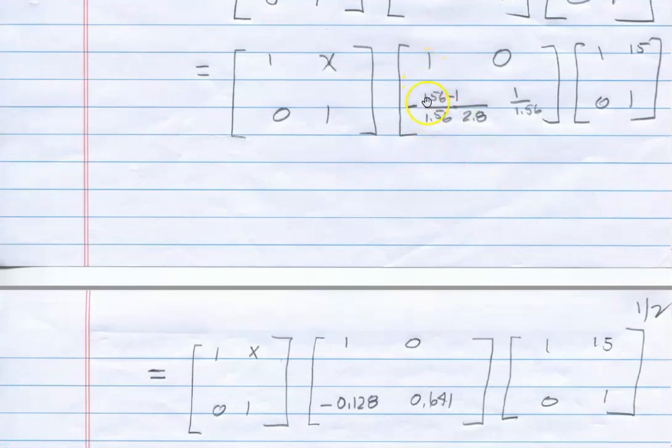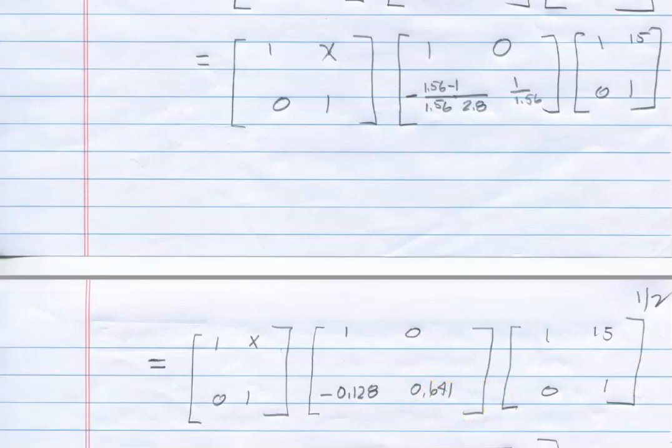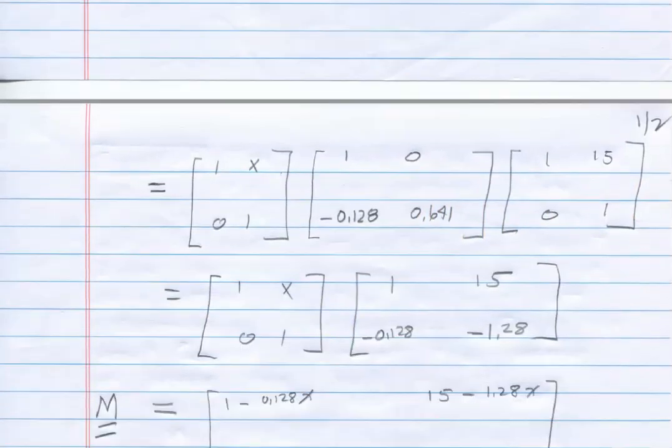Well, when I calculated these, I got 1, 0. Those are easy. This one here, the C for this particular matrix, is minus 0.128, and then 1 over 1.56 was 0.64. And now I'm in a position where I can multiply these out. When I multiply this row times this column, I get 1.